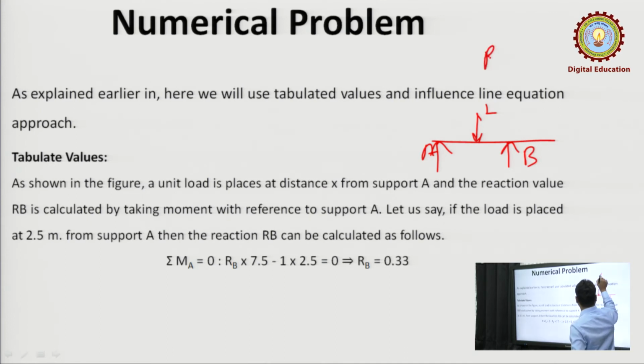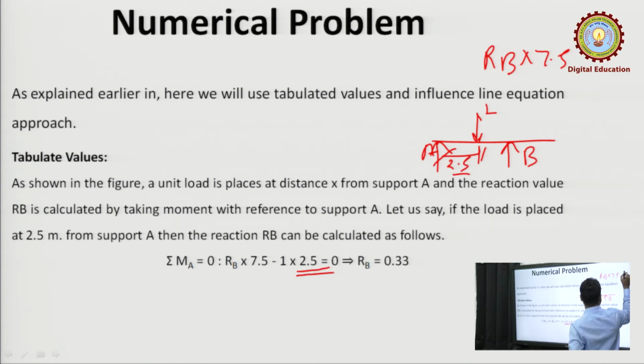Just take RB into 7.5, and this distance is 2.5. This distance is 2.5, 1 into 2.5.